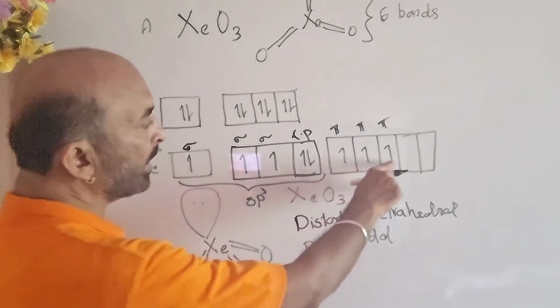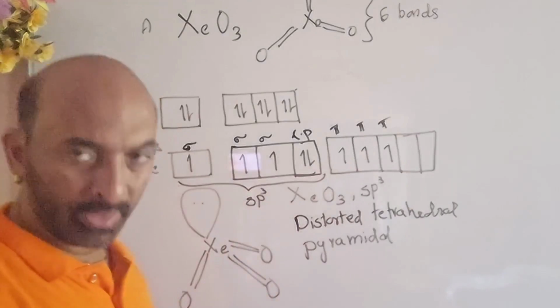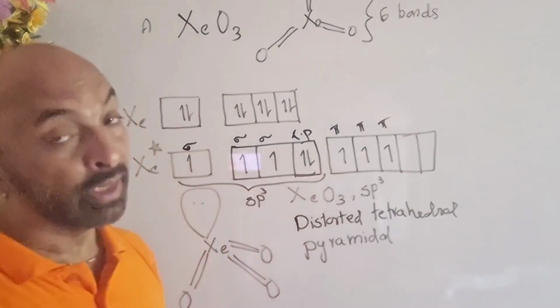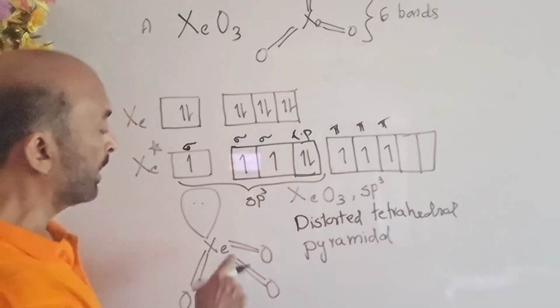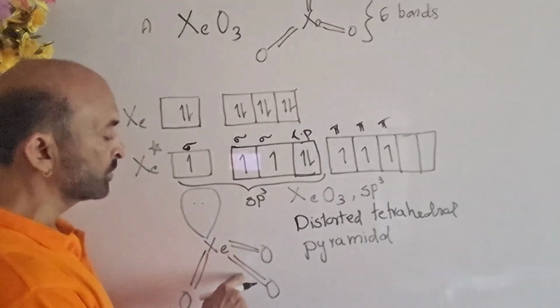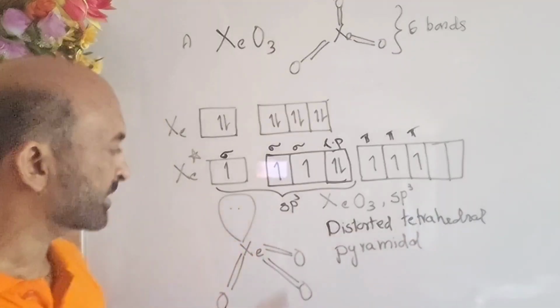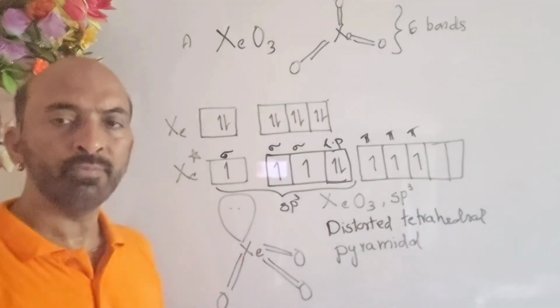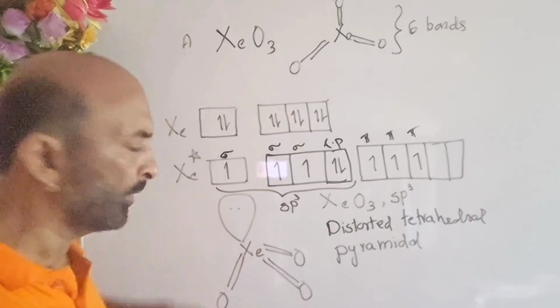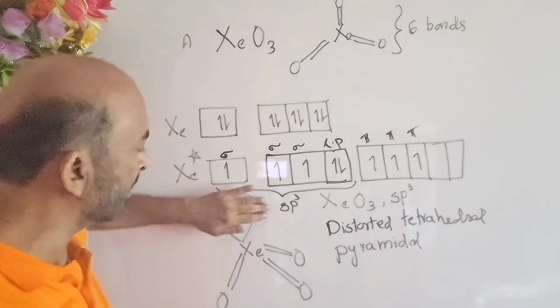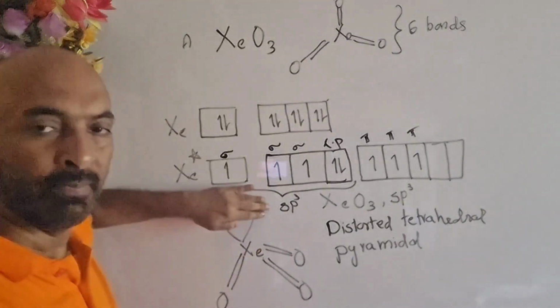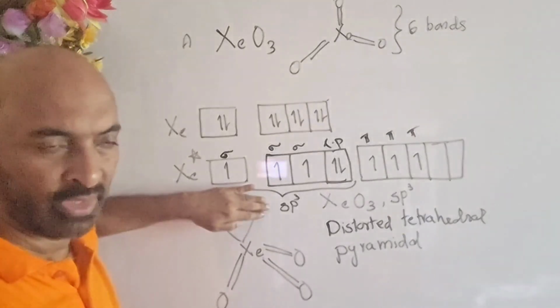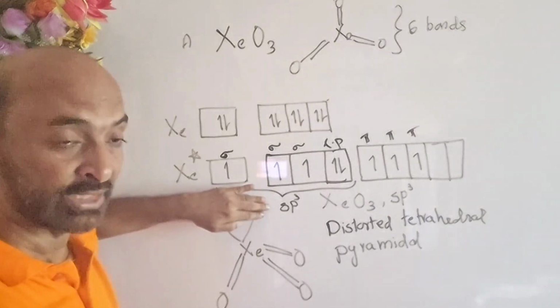Now, the 3 unpaired electrons present in the unhybridized orbitals are used for pi bonds, with a distorted tetrahedral structure. And what is the shape? When you consider the shape, you ignore the orbital containing the lone pair. The remaining part alone is considered while we express the shape.